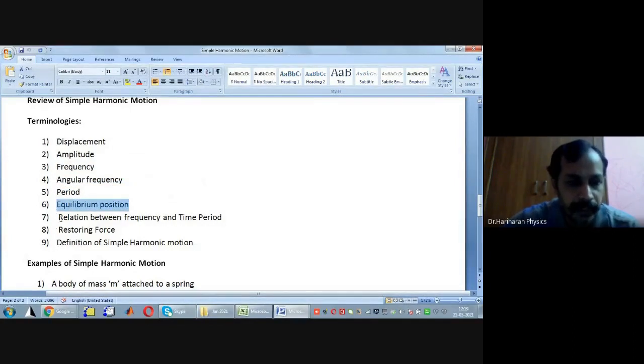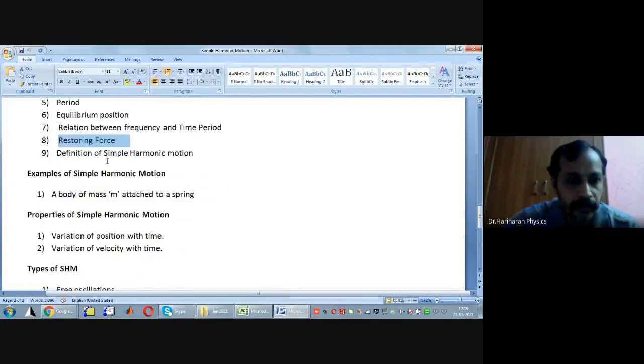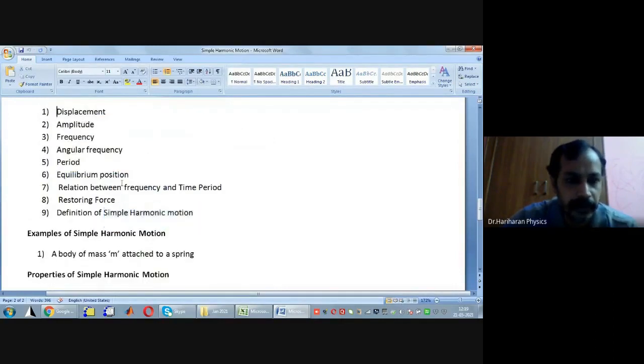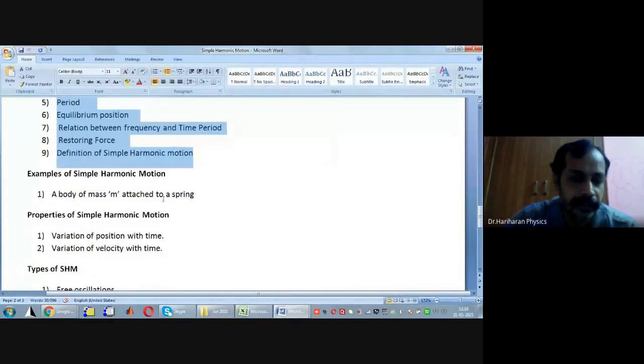Then we'll see what is the relationship that connects the frequency of oscillation and the time period of oscillation. Then we'll also discuss what is restoring force. Then we will define what simple harmonic motion means. We'll define all these 9 definitions by considering the following 2 examples.